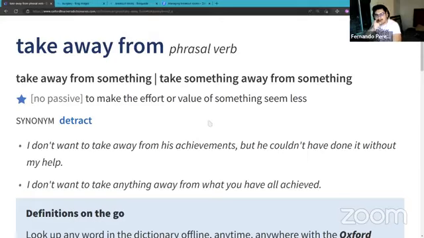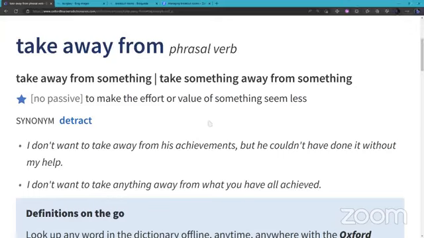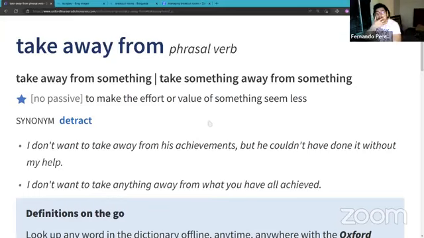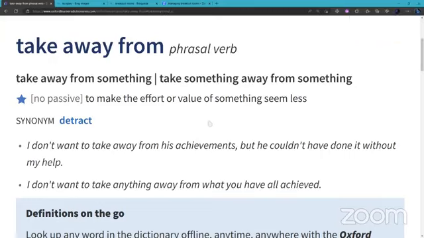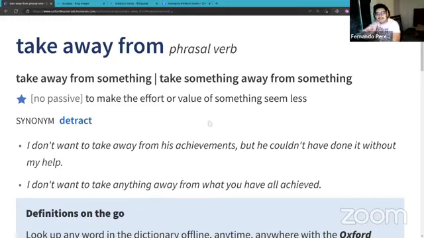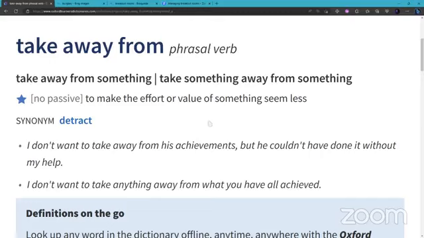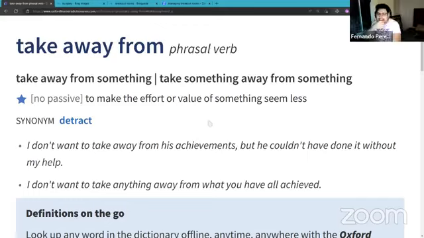Which from effort? His achievements. Ah, okay. You are connecting both. It can be make the effort seem less of his achievements. It sounds like too much information. What if we change the effort to his achievements? I don't want to take his effort seem less. Don't erase his achievements. That's important information.